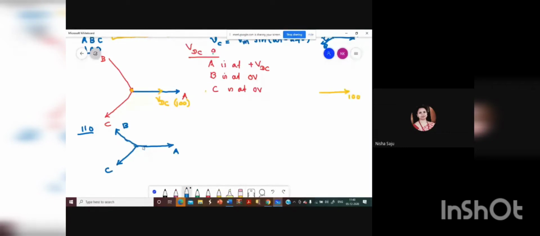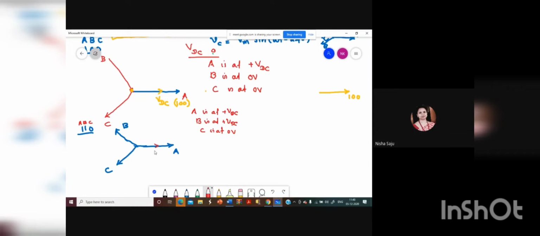So you can mark A is at plus VDC, because this is A, this is B, this is C. So as we can see, A is at plus VDC, B is at plus VDC because its top switch is on, and C is at 0 volt level.